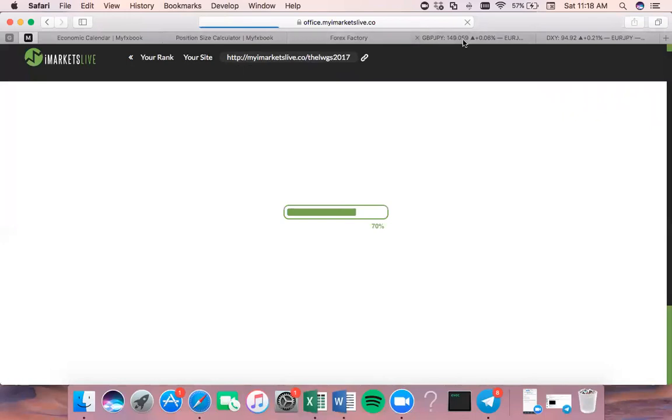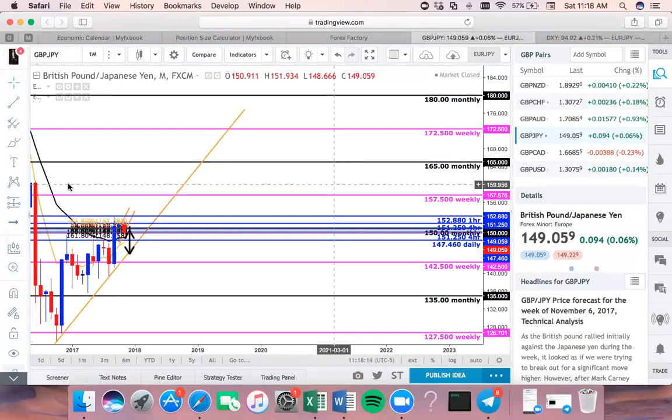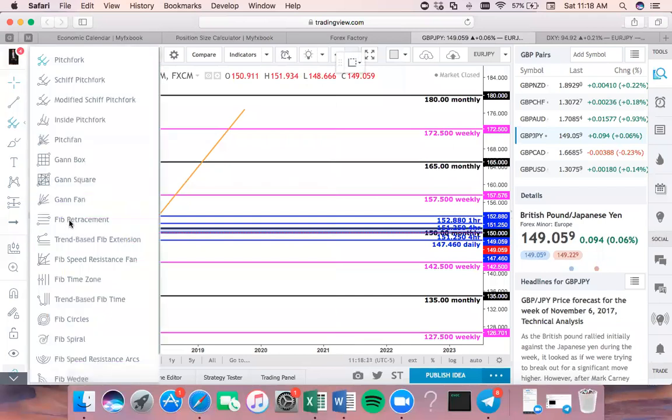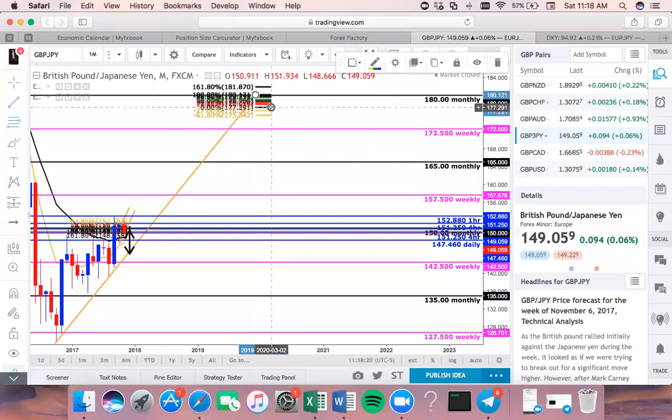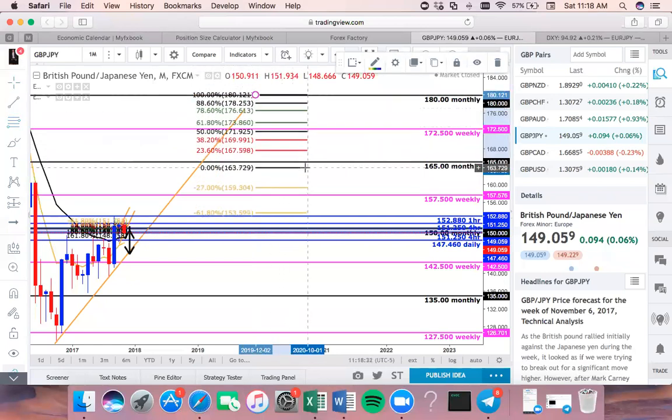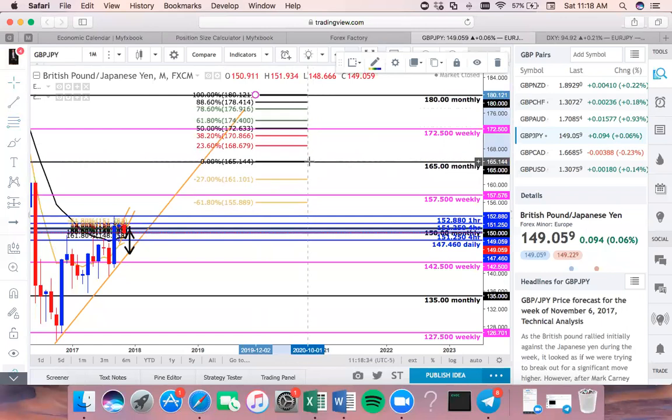Okay, so for the Fibonacci, what I want to show y'all, you grab your fib. I have my fib all styled nicely and whatnot, and you just run your fib between the range, from 100 to 0.